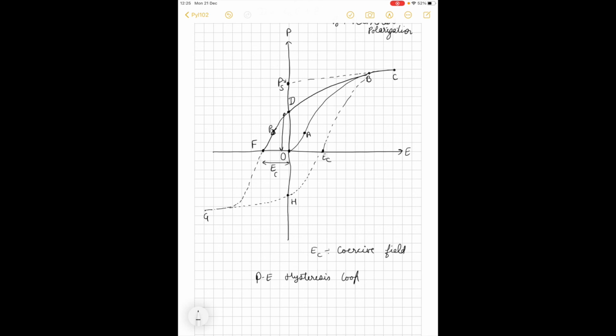Now we want to remove D, we have to apply an electric field in the opposite direction. So that's how we went from D to F. And this reverse electric field is called the coercive field. The similar process will happen if we go in the negative E direction. That's how we went from F to G, and then G to H, following the hysteresis loop.